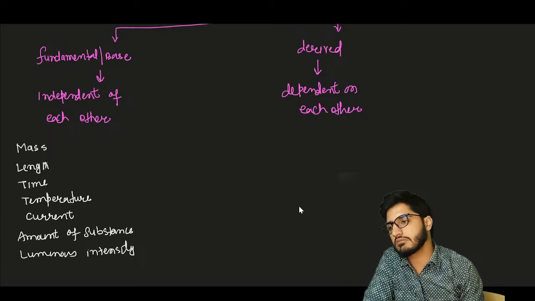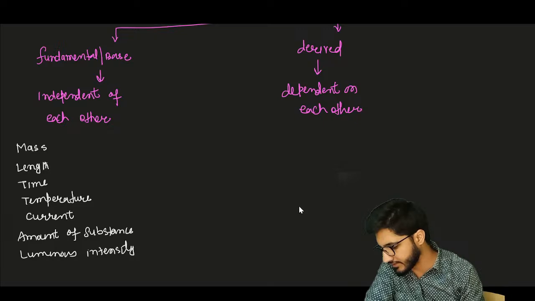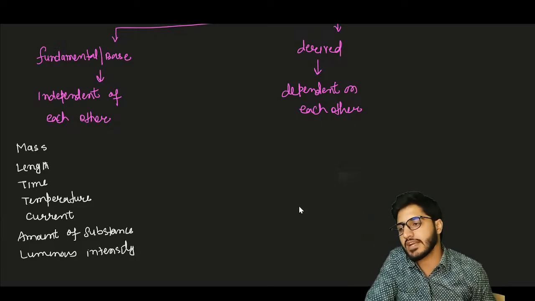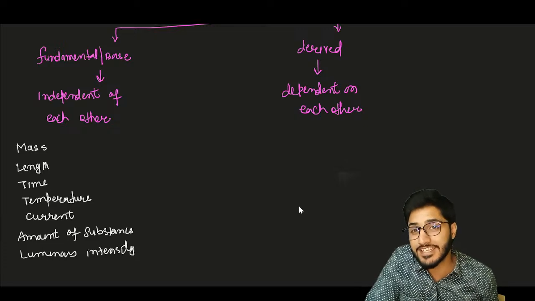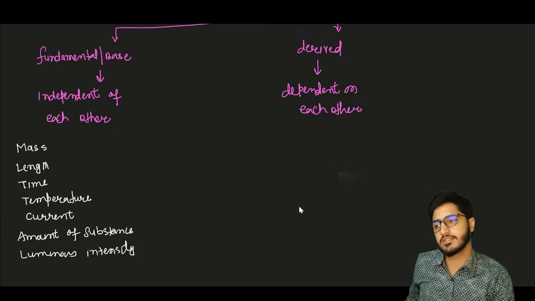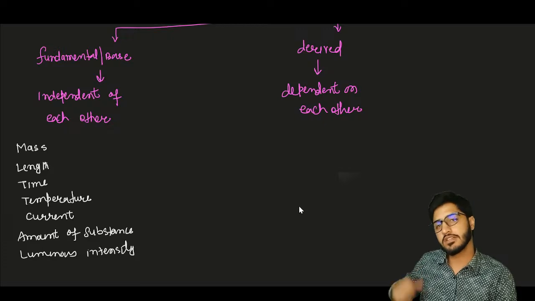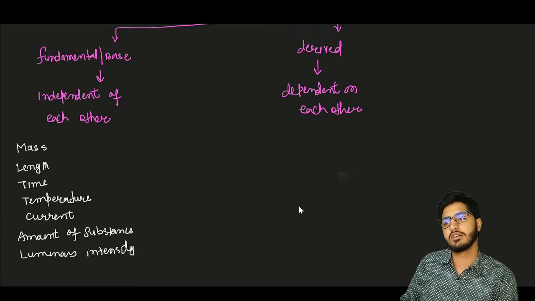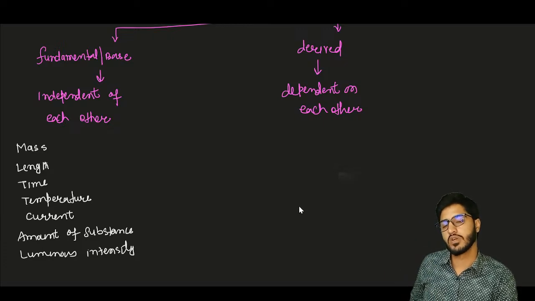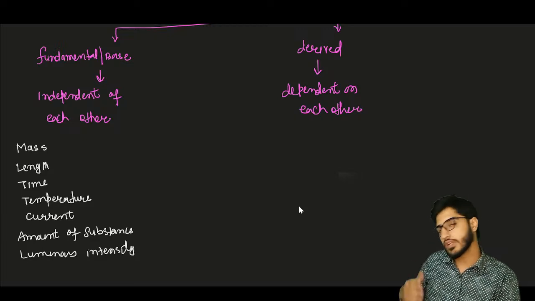These physical quantities, whether mass, length, time, temperature, current, amount of substance, and luminous intensity, these seven quantities in whole physics are independent of each other. That means mass does not need any factor of length to get its meaning. We know what is mass.